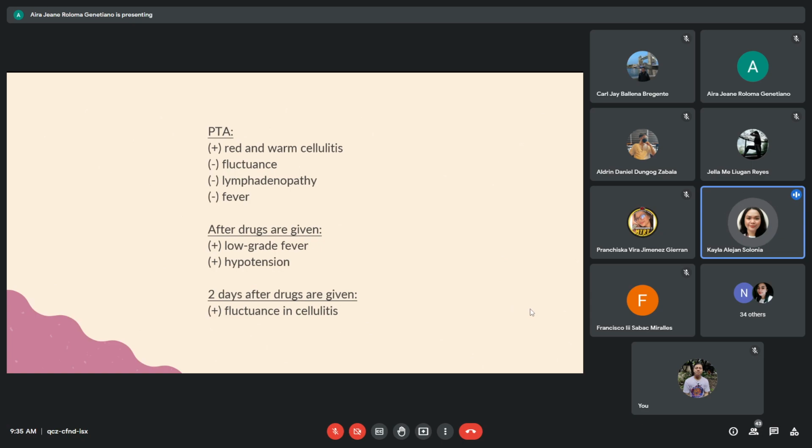Prior to admission, the area of cellulitis was red and warm. No fluctuance, lymphadenopathy, and fever was observed. After the drugs were given, the patient experienced low-grade fever and hypotension. 2 days after drugs were given, there was a fluctuance in cellulitis.